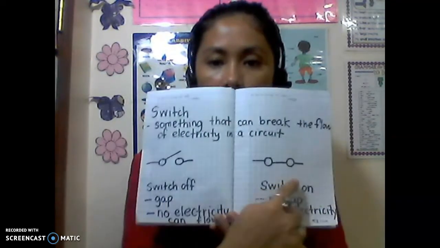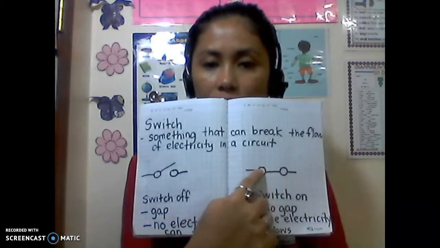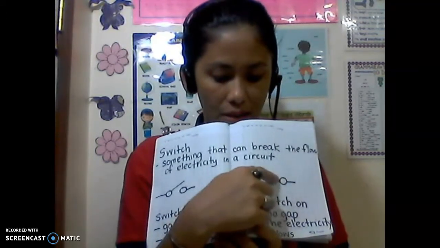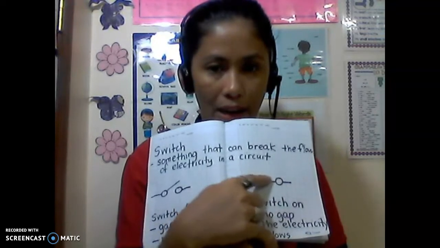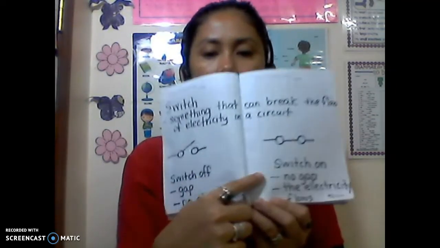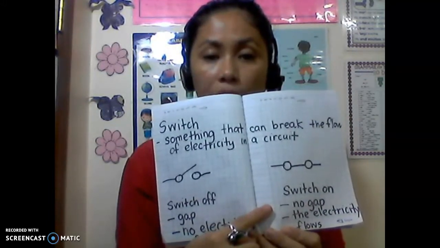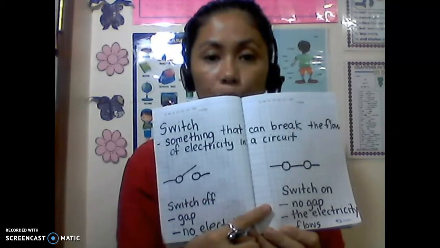This is the switch on, like glasses connected together. It means that this is connected, so there's no gap, and then the electricity can flow. The electricity will work, or if there's a bulb, the bulb will light up or turn on.